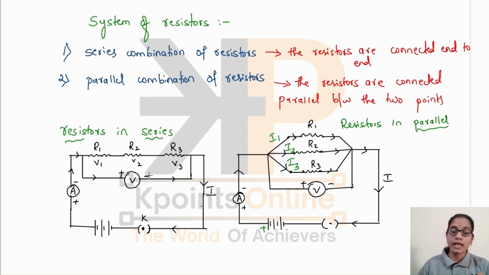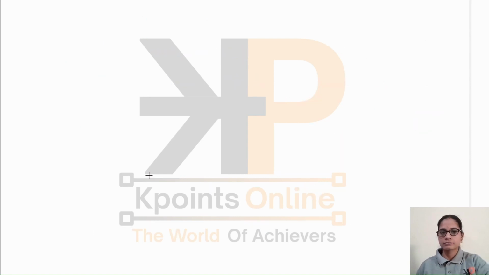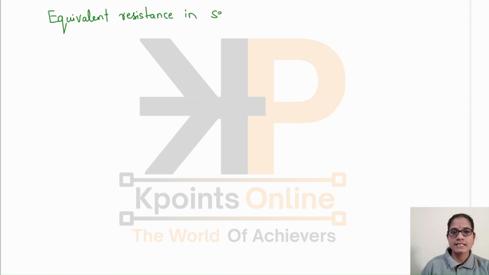Now let's see what is the value of equivalent resistance in case of series combination and parallel combination. Equivalent resistance in series combination. Let's draw the circuit diagram first. You should be familiar with drawing electrical circuit diagrams. It is very important from the examination point of view.